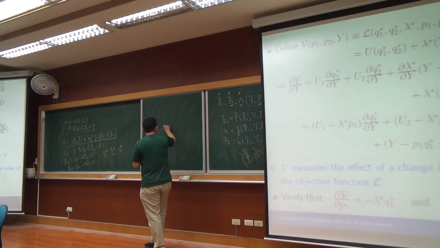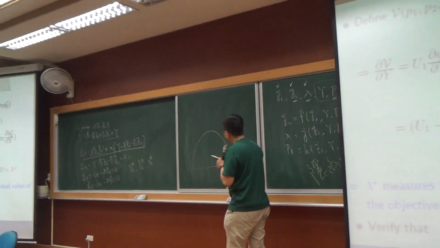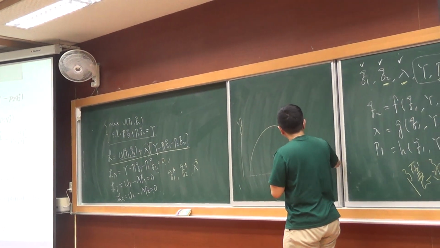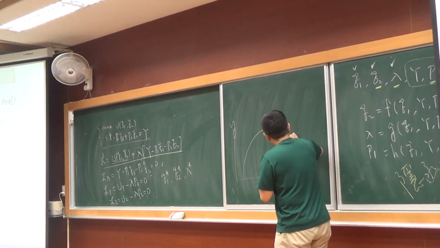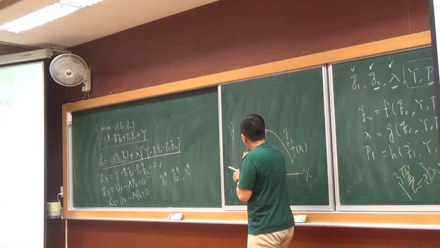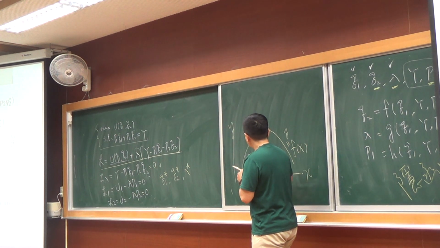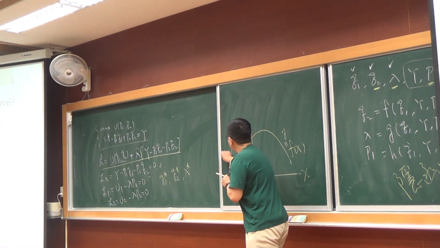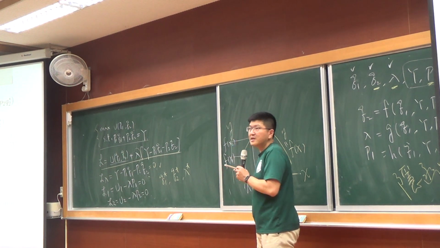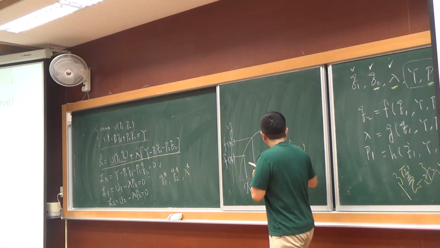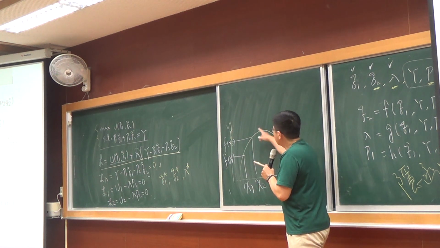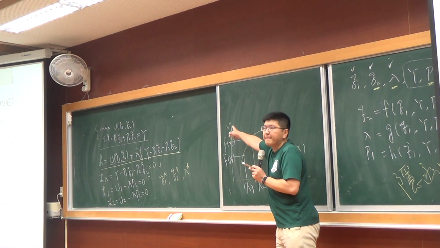Just like if this is a function y equals f of x. Okay? And of course, if there is an x1, if there is an x2, you may have f of x1, you may have f of x2, right? So f is actually a function describing the relationship between x and y.